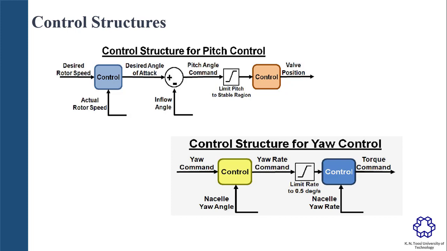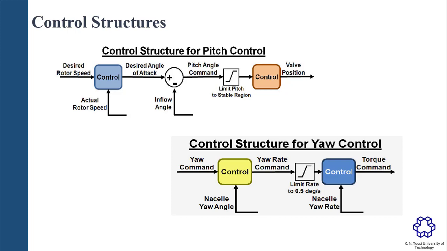Then we have the actual speed. This will result in a desired angle of attack. Then the inflow angle, which is the angle at which the wind is coming in.